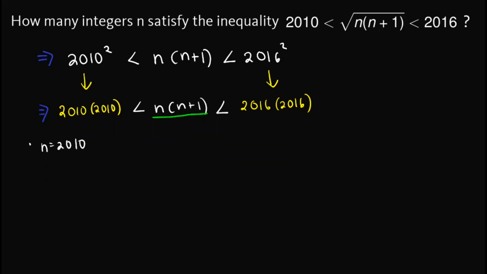If n is equal to 2010, the expression inside becomes 2010 times 2011, which is in our inequality, since we can view this one as this part and this one as this, so it's beyond that.